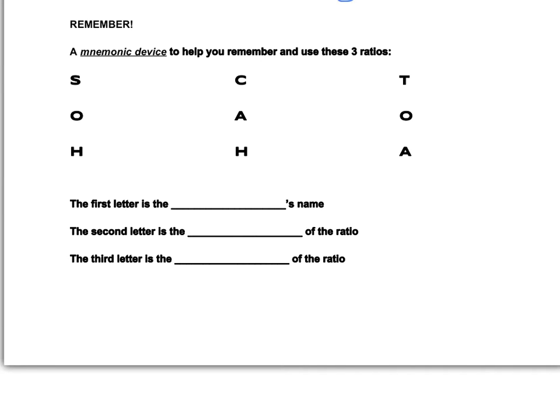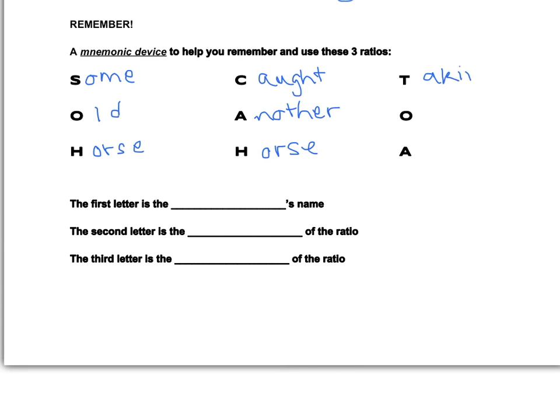Alright, the mnemonic is the following. Some old horse caught another horse taking oats away.